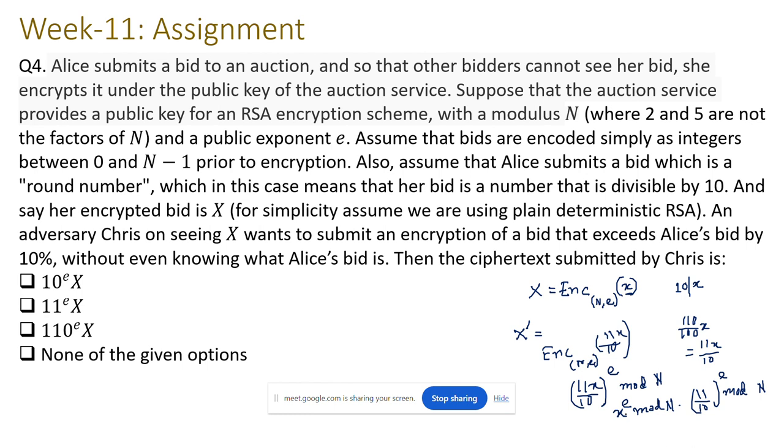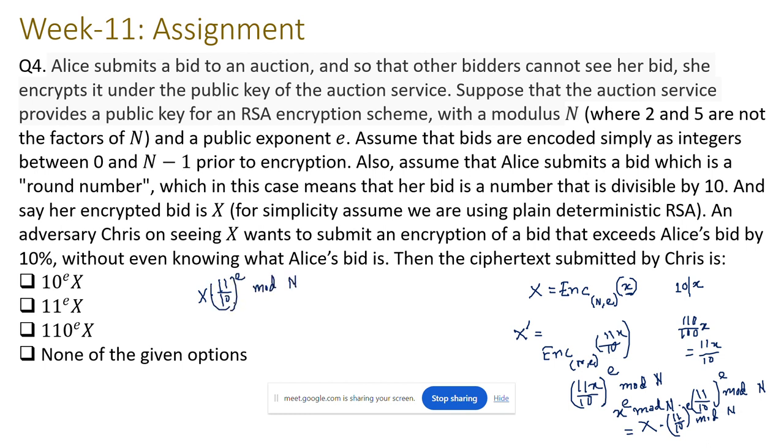So x to the power e mod n is nothing but the encryption of small x, which we already know to be capital X, times 11 by 10 to the power e mod n, right? So the correct value will be X times 11 by 10 to the power e mod n.